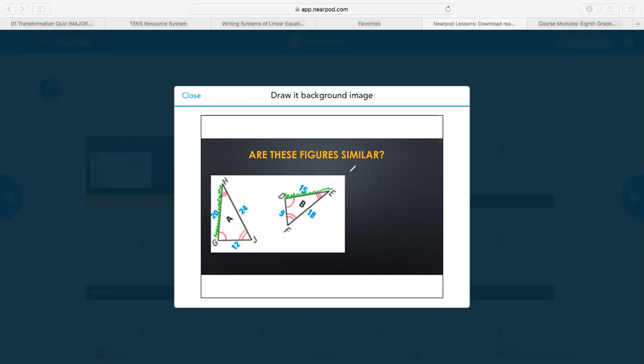So I would write GH over DE, and GH is 20, DE is 15. If I divide 20 over 15, it is 1.3 repeating. So you're trying to see if all those ratios are equal.